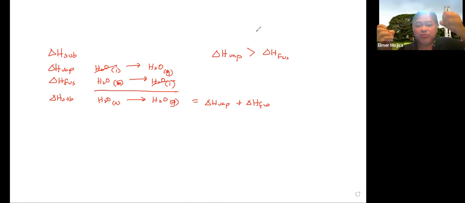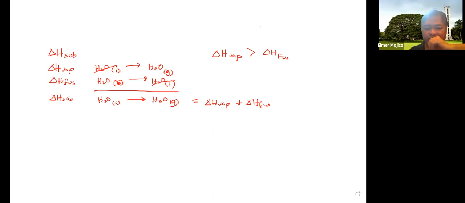They're just far from one another, but they're still attractive forces. But in the heat of vaporization, you break apart because they will have a gas, and later on when we go to the gas, there's no more attractive forces that hold the molecules together. So it's always that this value is greater than that one.